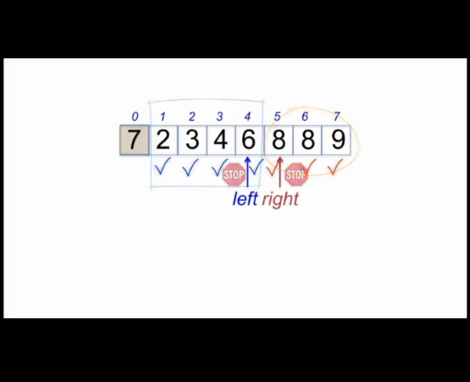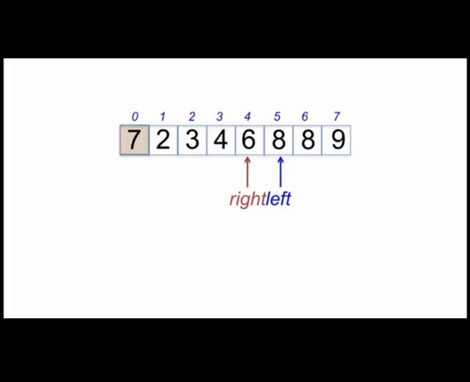But once the pointers cross each other, then we have to perform a swap with the pivot element, and that is the position where the pivot value was about to fit into.